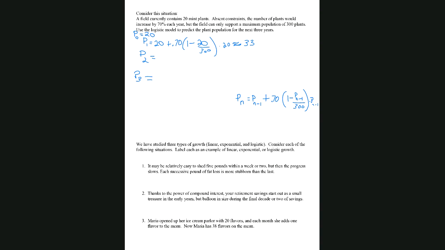All right, P sub 2. The first thing I'm going to do is, instead of 20, I'm going to use 33. Let's do this in a different color just to help it be contrasted. So 33 plus 0.70 times 1 minus 33 over 300 times 33.